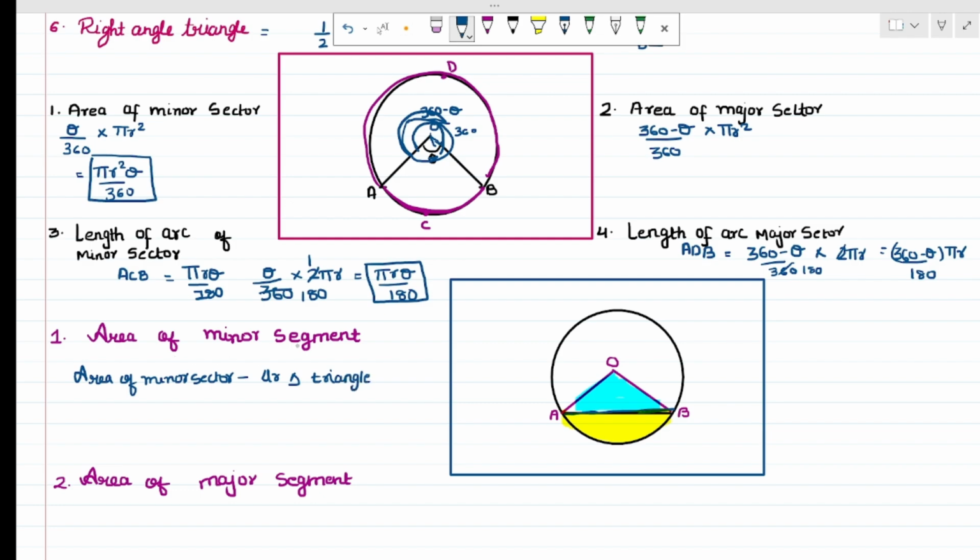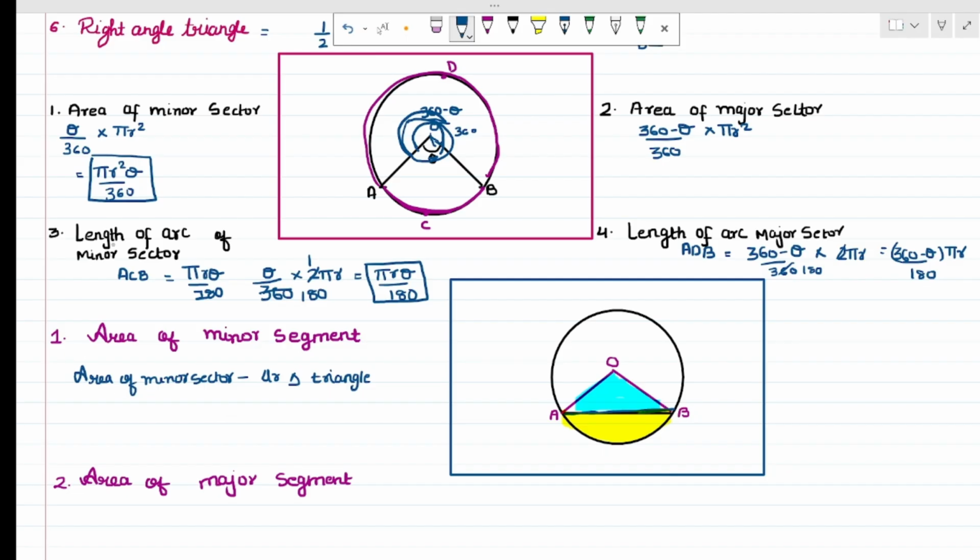Clearly understood? What does a segment mean? Segment means this yellow part which is formed by the arc and the chord. I want only this part. So if I subtract the area of the triangle from my minor sector, I will get my minor segment.